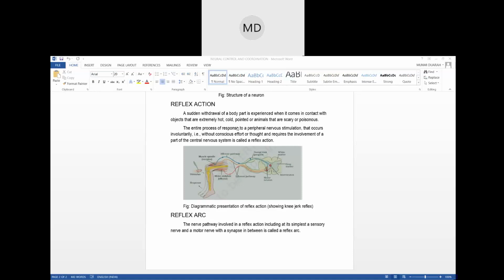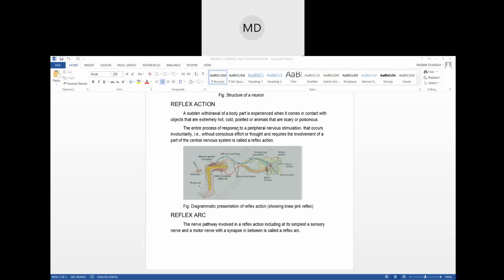Sometime earlier I explained about touching a hot object and withdrawing your hand. So this reflex action is an involuntary action.